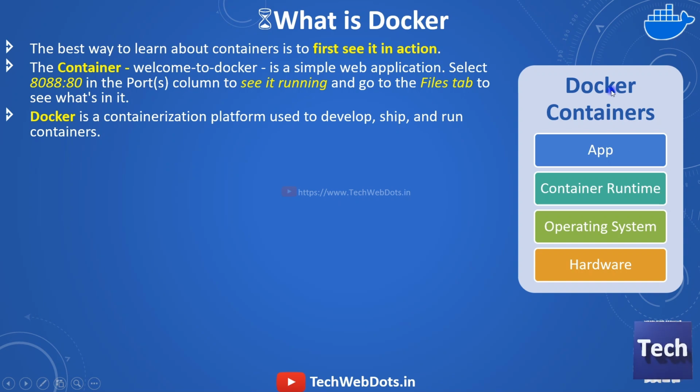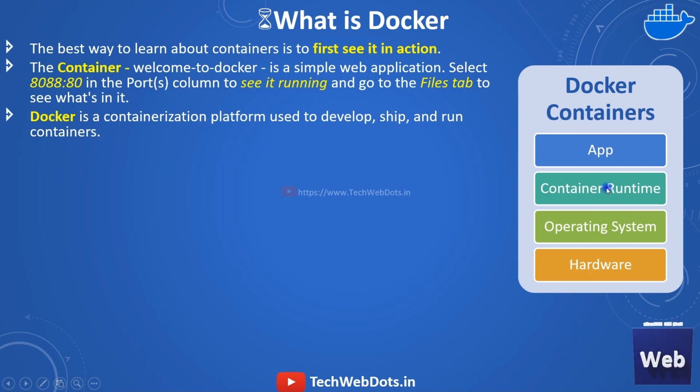And the basic components of Docker containers are the hardware, which is mandatory, and an operating system on top of it, right? It can be optional because we can run Docker on a bare metal server as well, okay? But this is the standard one. You have hardware, you have operating system, then we have Docker runtime, right? Docker runtime contains the Docker engine and the required components.